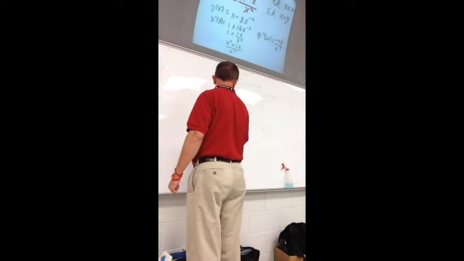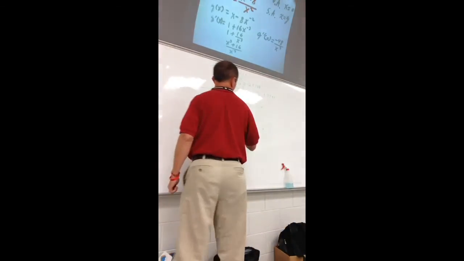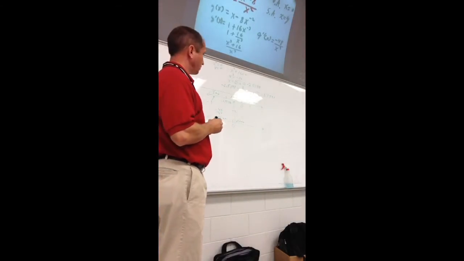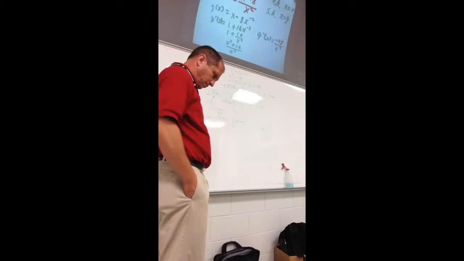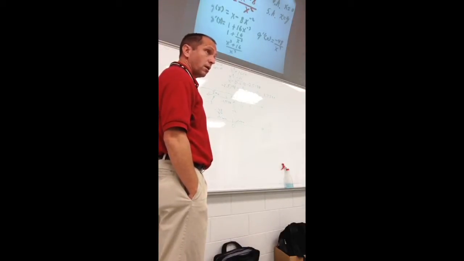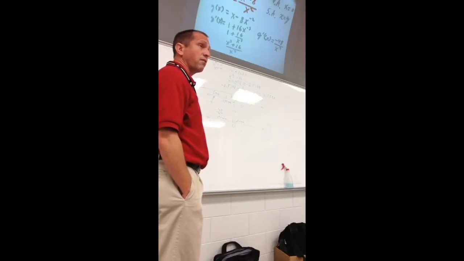So I'm concave down, concave down. All right. Are we good here? What was the whole purpose of getting the second derivative? Negative 48 over x to the fourth. What was the point? Well, I got to know its concavity.